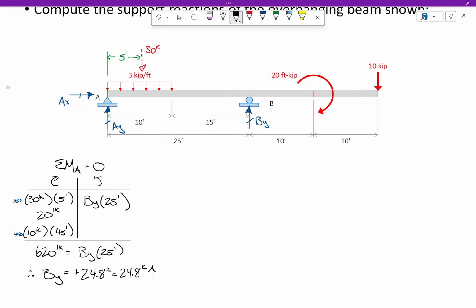So I'm going to go ahead and steer the ship a little bit. I'm going to go ahead and say let's sum forces in the y direction. Okay?